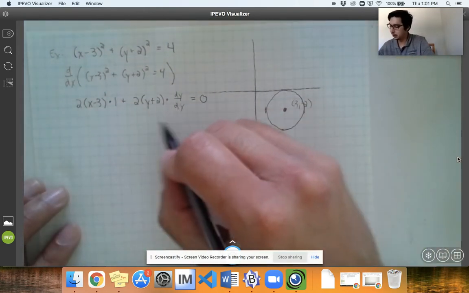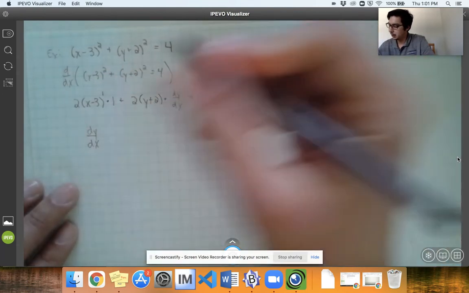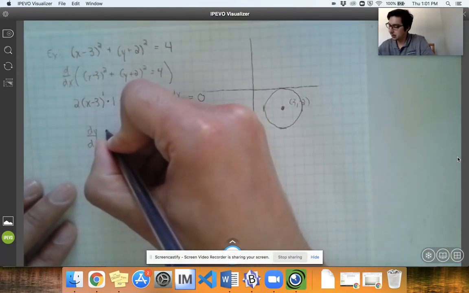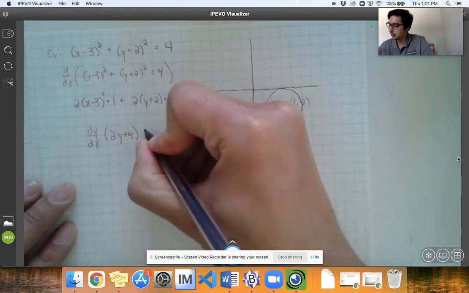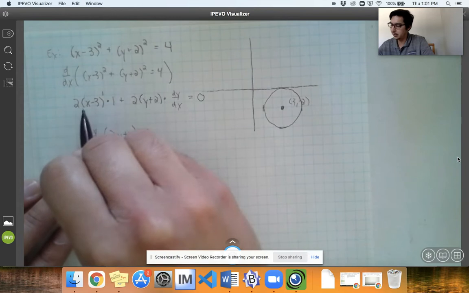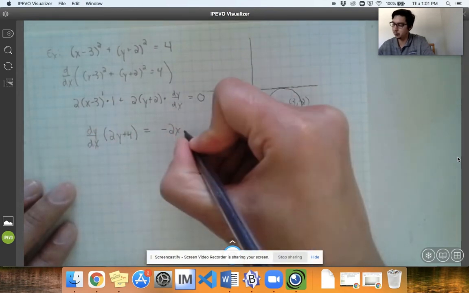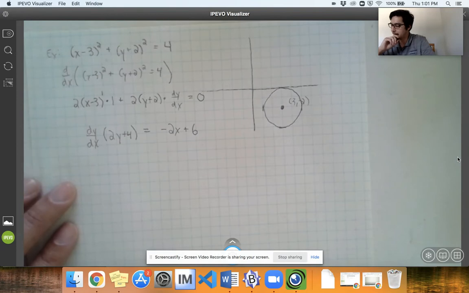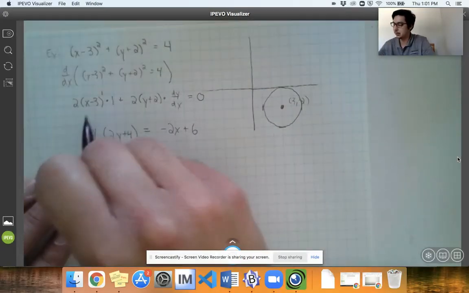All right, so then if we solve for dy/dx, we'll get dy/dx times (2y plus 4), if I multiply that out, is going to equal, and I'm going to have a 2x minus 6, so if I bring that over, it would be -2x plus 6, I believe, because that's 2x minus 6, -2x, and +6, good.